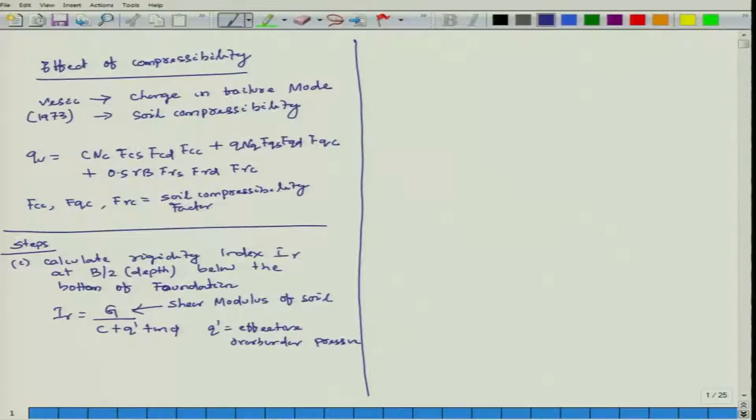Second is the critical rigidity index, Ir cr, which is equal to half exponential of (3.3 minus 0.45 B by L) cot of (45 degree minus phi by 2).